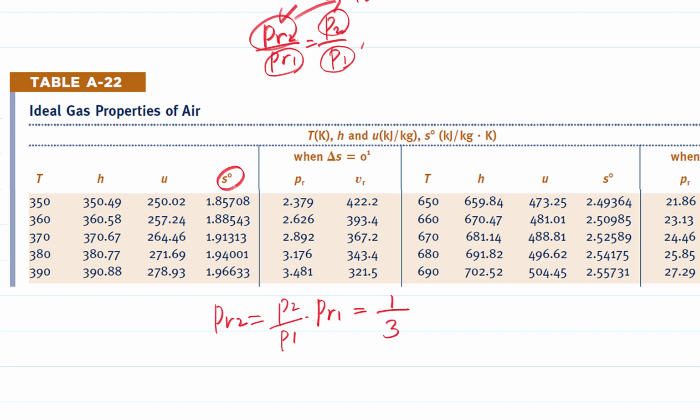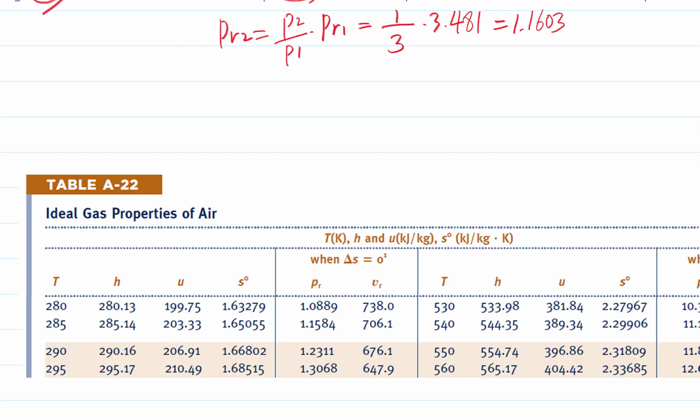1 bar divided by 3 bar. PR1, temperature at the inlet is 390 Kelvin, so PR1 is 3.481. So PR2 is 1.1603. And the relative pressure 1.1603 is between these two numbers. We can interpolate to determine enthalpy.